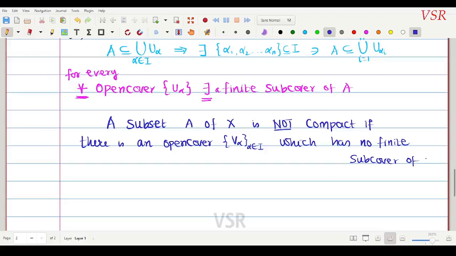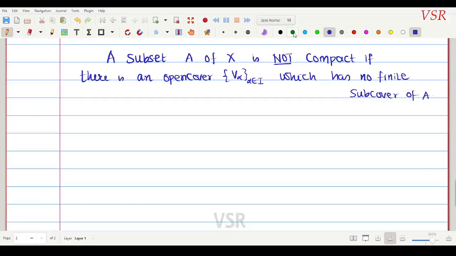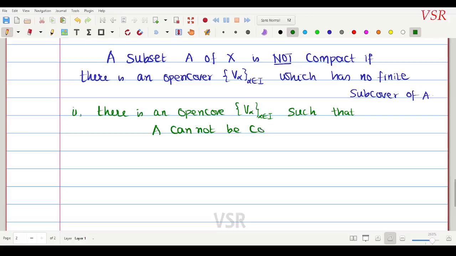That is, there is an open cover V_alpha where alpha belongs to I such that A cannot be covered by finitely many members of this V_alpha. Correct?